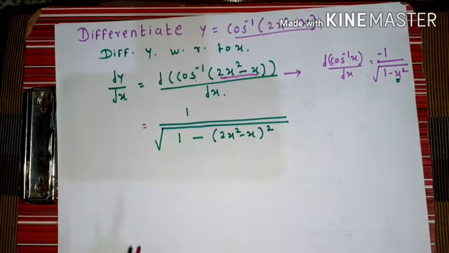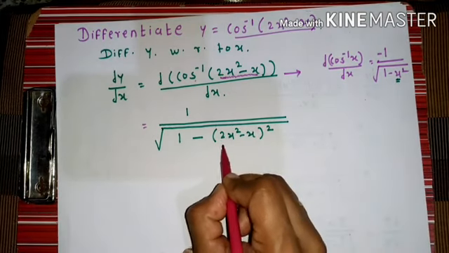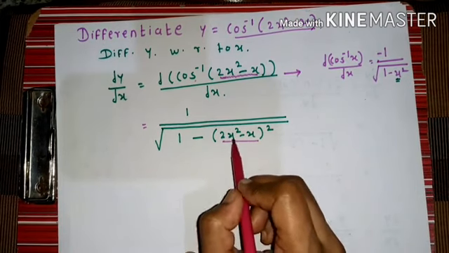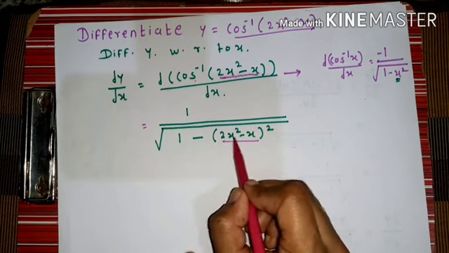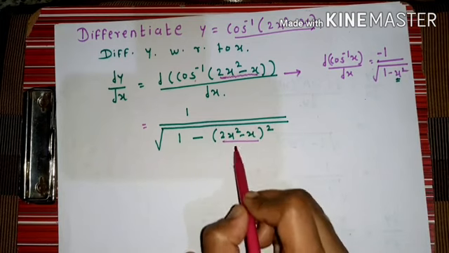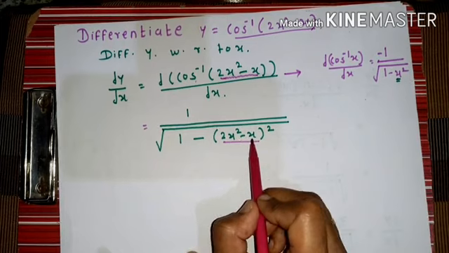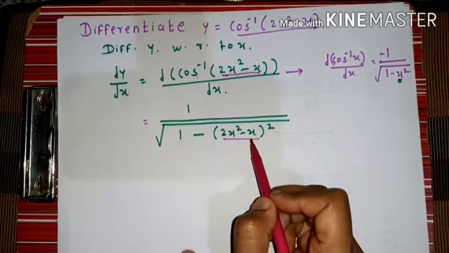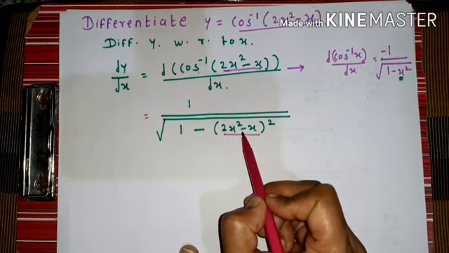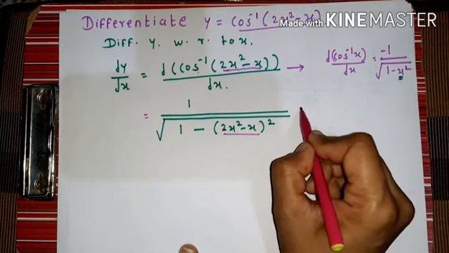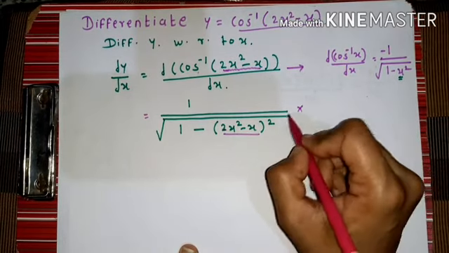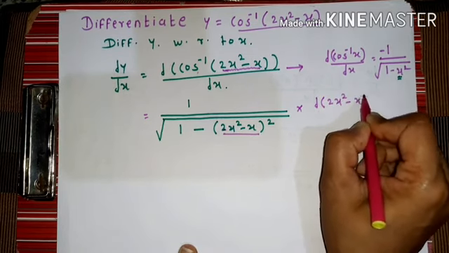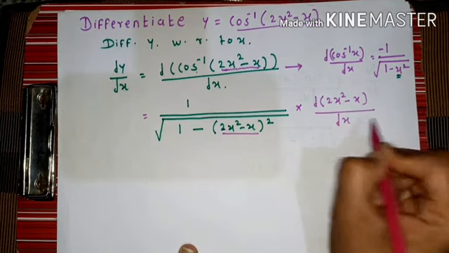Okay. But see students, here 2x square minus 1, this is the value of x. But if we see the function, that is the value of x, that is 2x square minus 1, and this function, the value of x, is again differentiable. And according to composite function, again we have to differentiate. Again, this function is differentiable, that's why differentiate it. Therefore, into differentiation of 2x square minus 1 with respect to x.